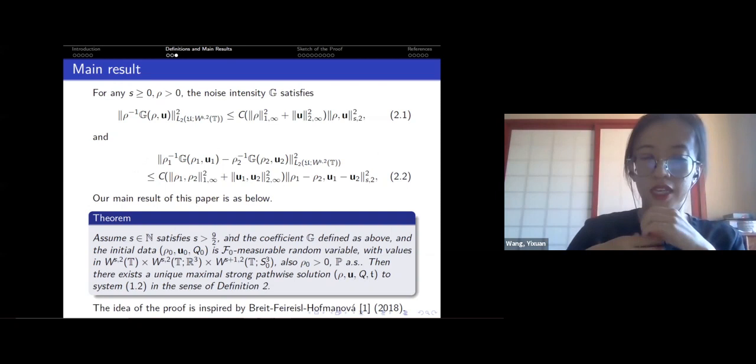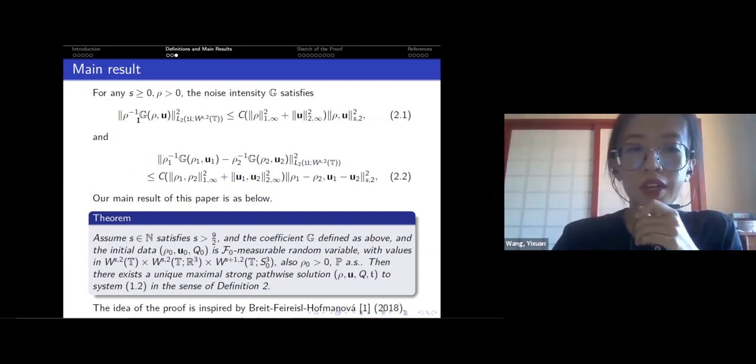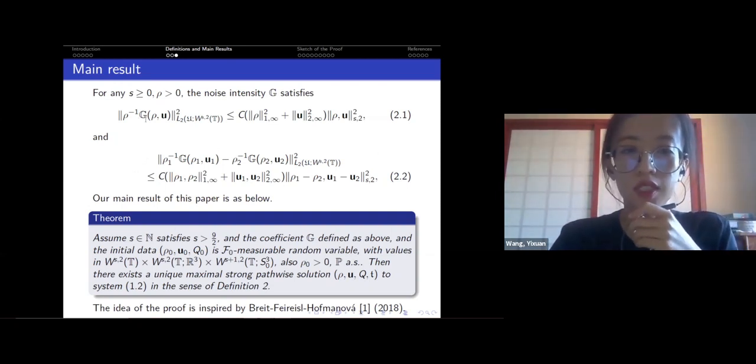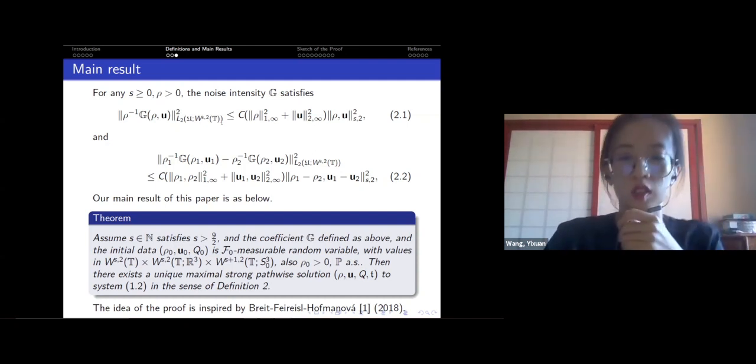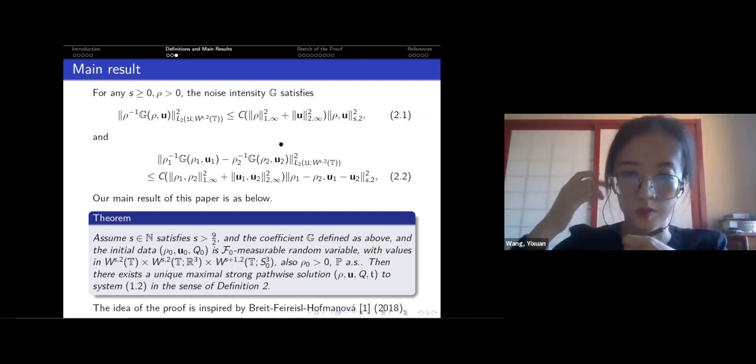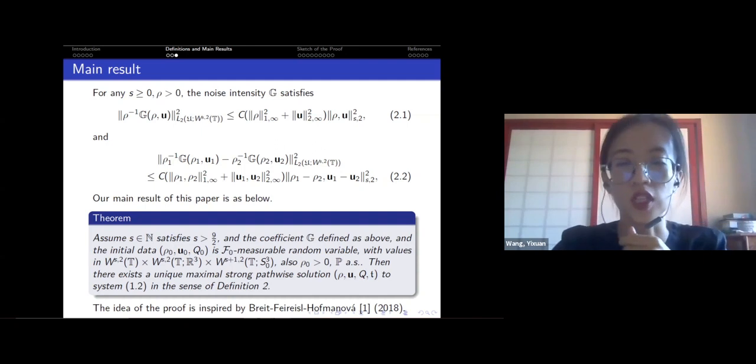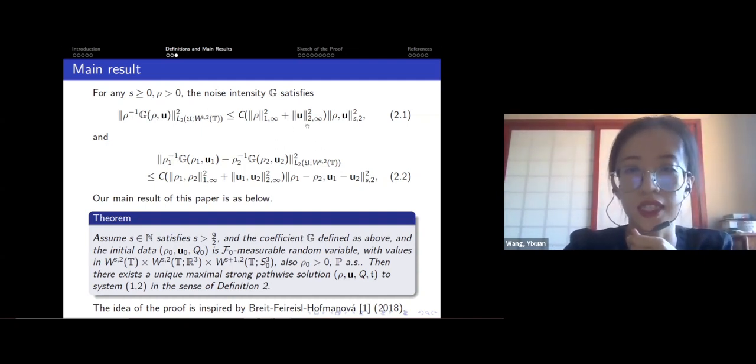So our main result is like this. If we are given the conditions for G, the random perturbation coefficient, like this, so it's bounded, and this one is for the contraction.